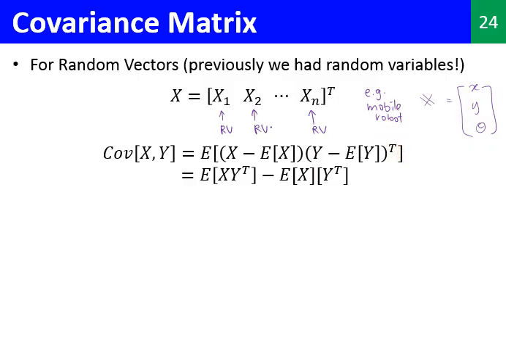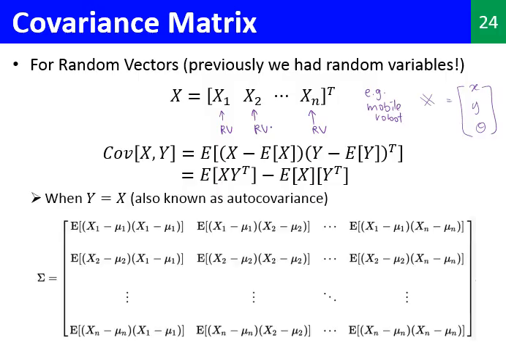Now when the second random variable, so it is y in this case, is equal to the first one, then we call this the autocovariance. So when y is replaced by x, we call this the autocovariance. But nowadays we don't really use that term often. So we basically call it a covariance matrix as well. So here we have an example covariance or autocovariance matrix.